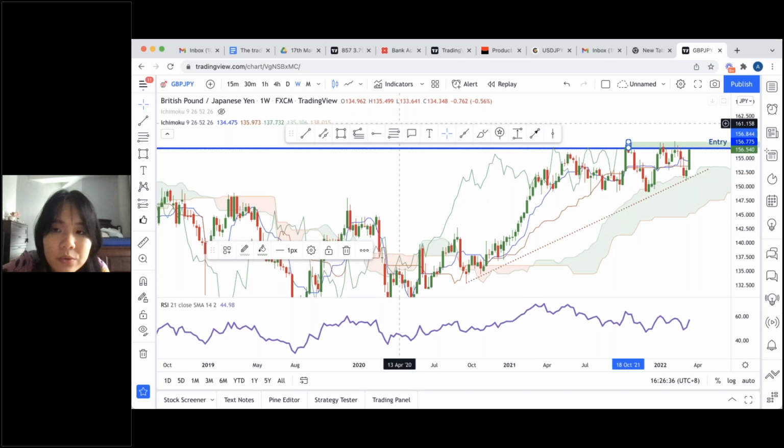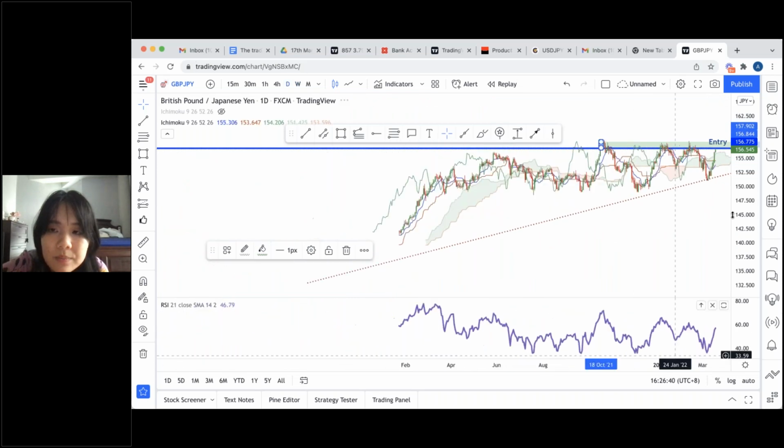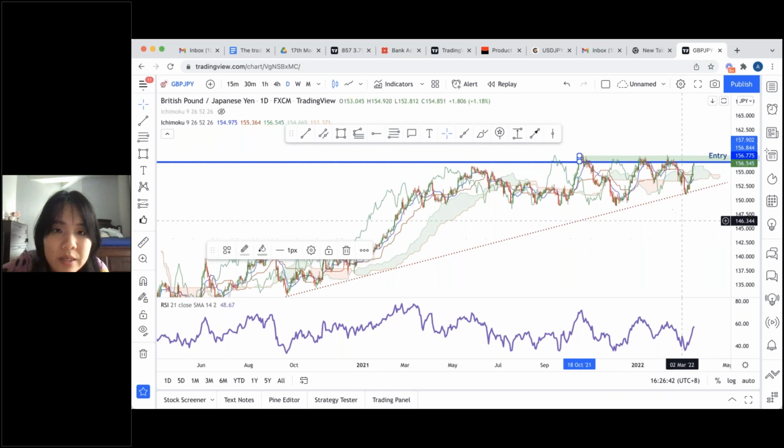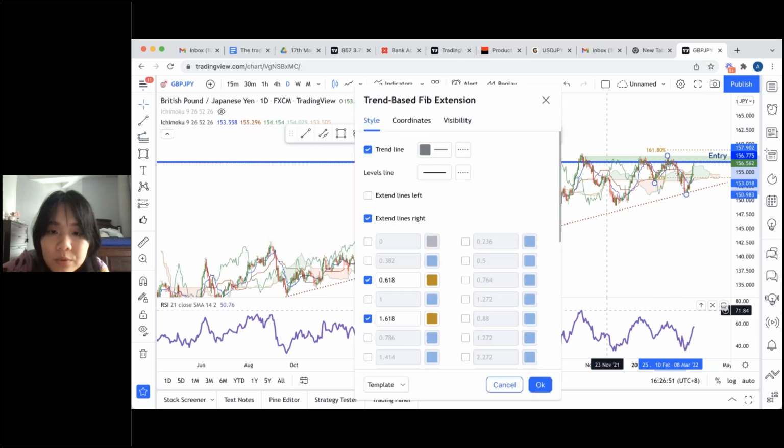Okay, and then if I'm going on the daily, okay, so right now we are at 1.2. I will put my stop loss quite tight at 1.6.